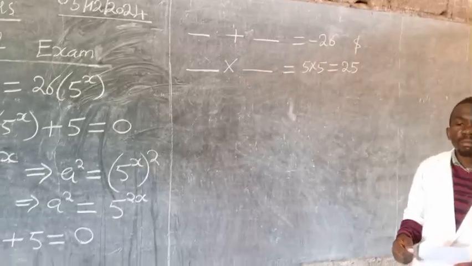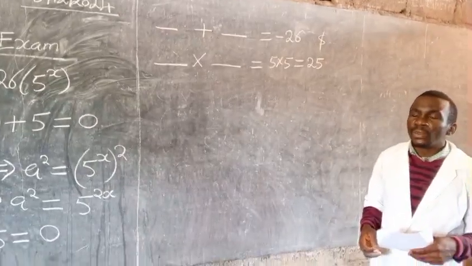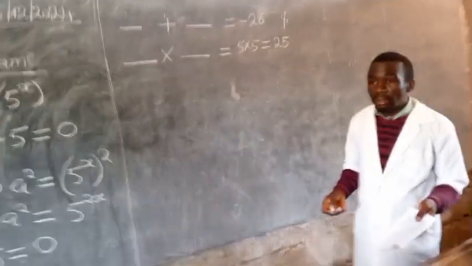Which two numbers? 1 plus 25. If you take 1 plus 25, it gives 26.